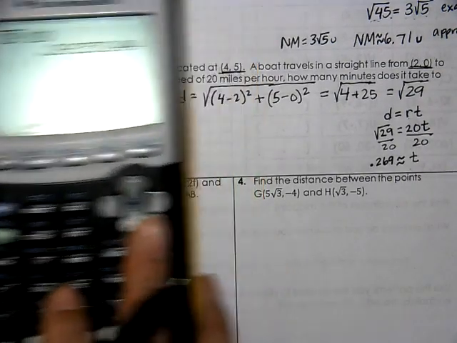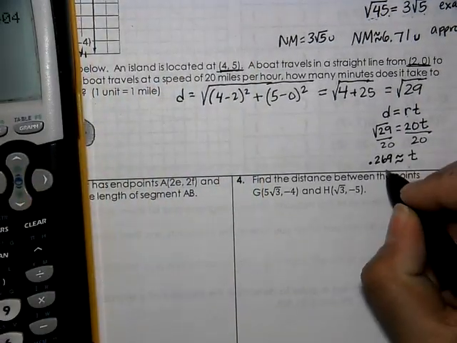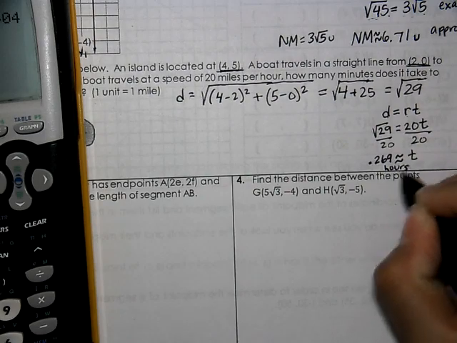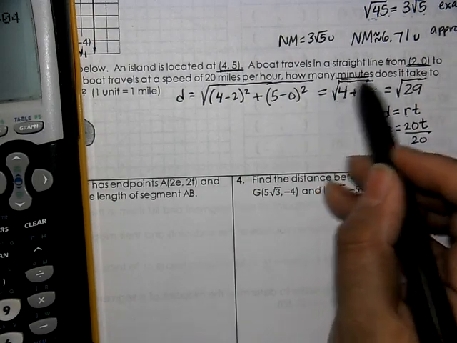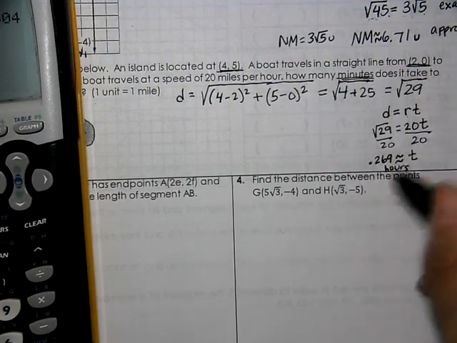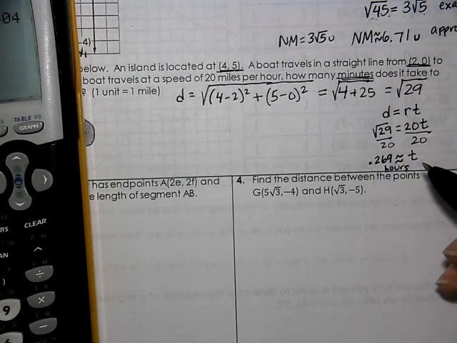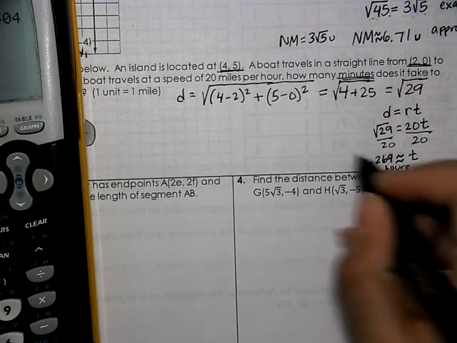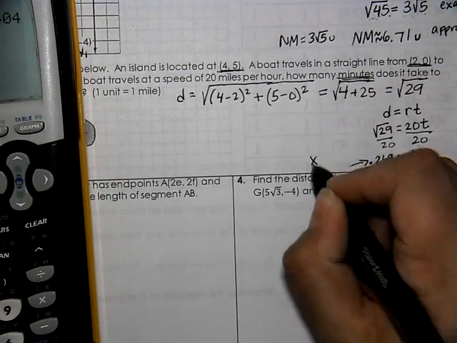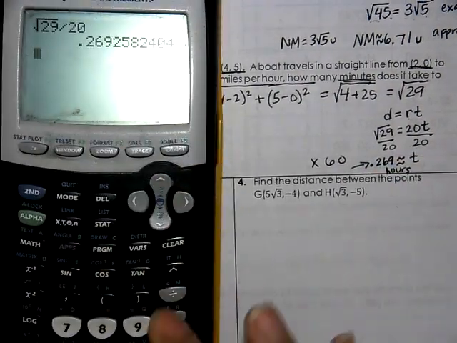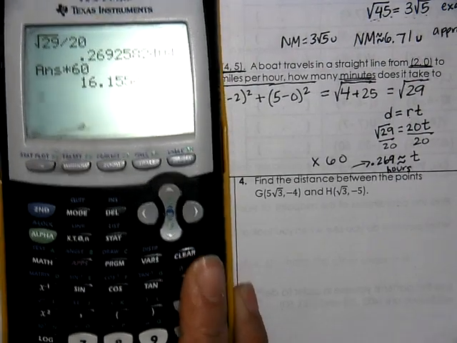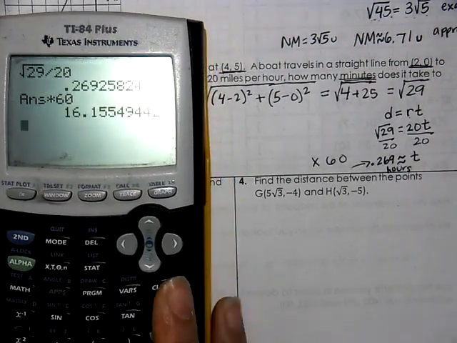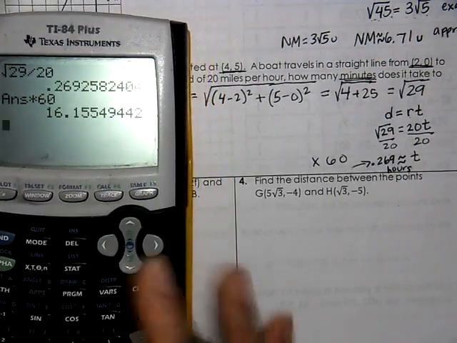Okay, so 0.269. Now, the answer I just got is in hours. I want to know how many minutes because that's what it says in the question. So now we need to take this answer and multiply it by 60 because there are 60 minutes in an hour. So times 60, and we can use our calculator to do that. And this comes out to about 16.2, or you can round to, again, 3.